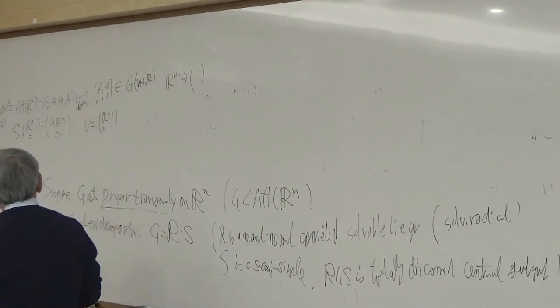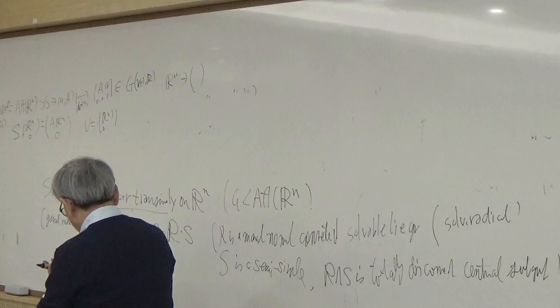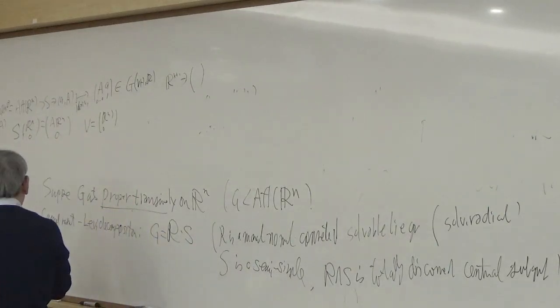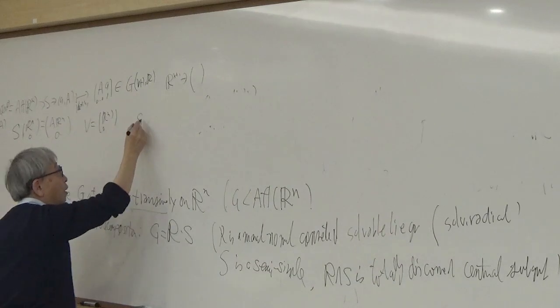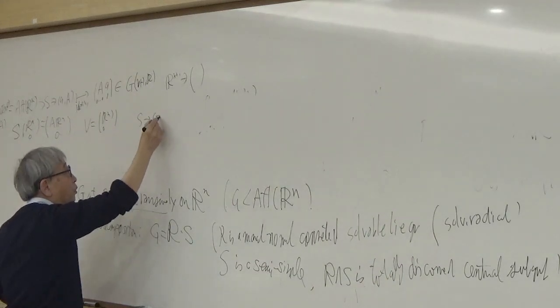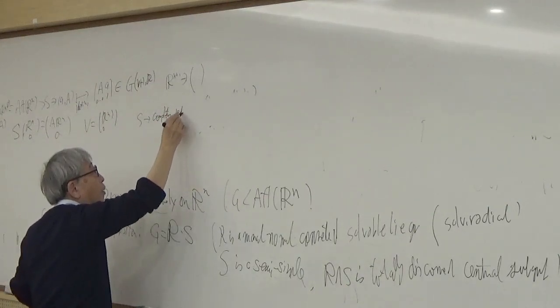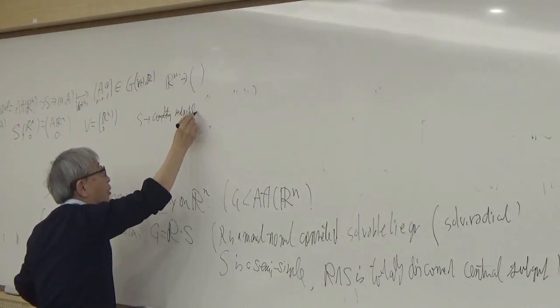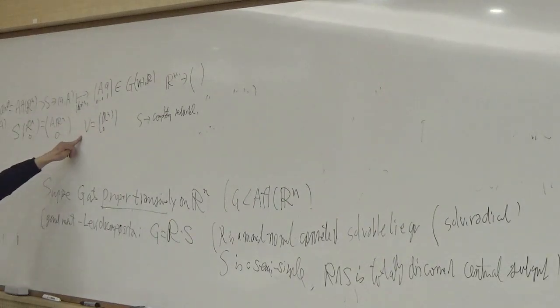Here you know this technique: S is semi-simple, so a semi-simple Lie group is completely reducible. That is, S leaves this V invariant.